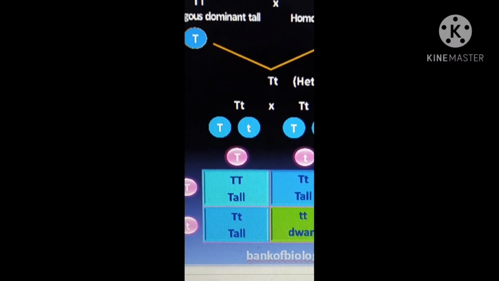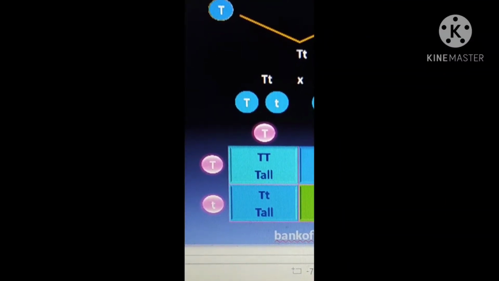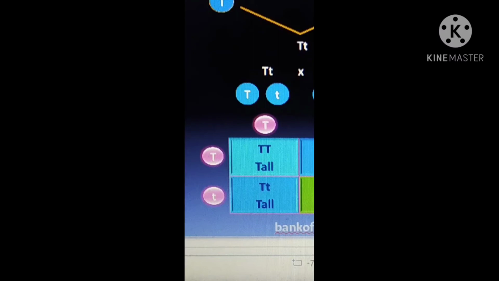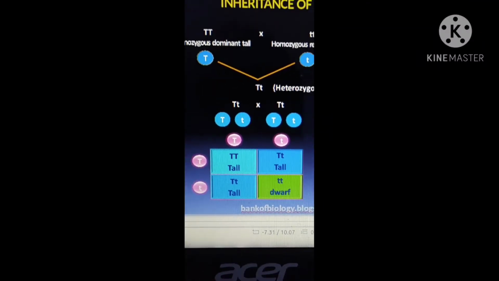Now, he allowed them to fertilize. If fertilization takes place, what happens? We can represent that in a table or square, which is known as the Punnett square. We'll say about that later. Now see, four gametes are here. From one plant, two types, capital T and small t. Another plant also has capital T and small t.